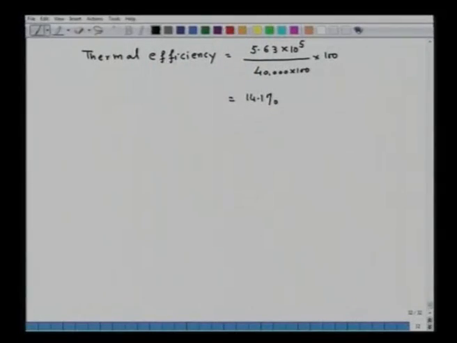And as I said in the initial lecture, for fossil fuel fired furnaces, a large fraction of the energy is taken by the products of combustion. So, you are seeing in this particular solution that thermal efficiency is only 14%. In many other cases too, the thermal efficiency of the furnace without preheating hardly exceeds 15 or 20%. It remains more or less between 14 to 20%, because a major amount of heat is carried away by the products of combustion.